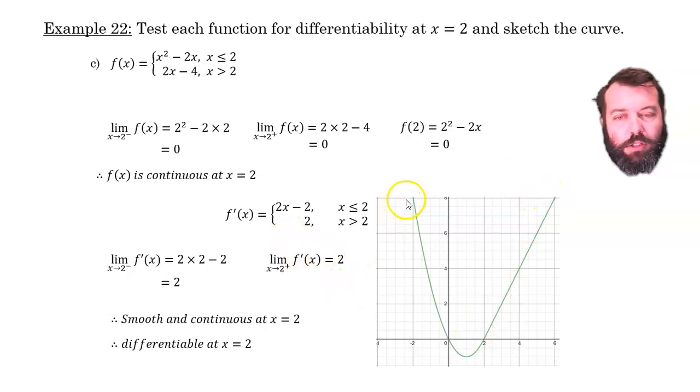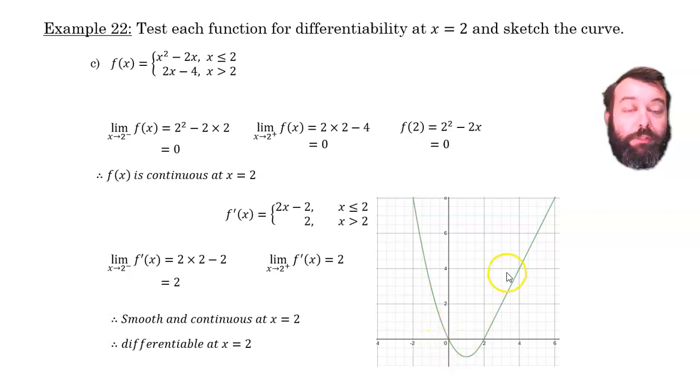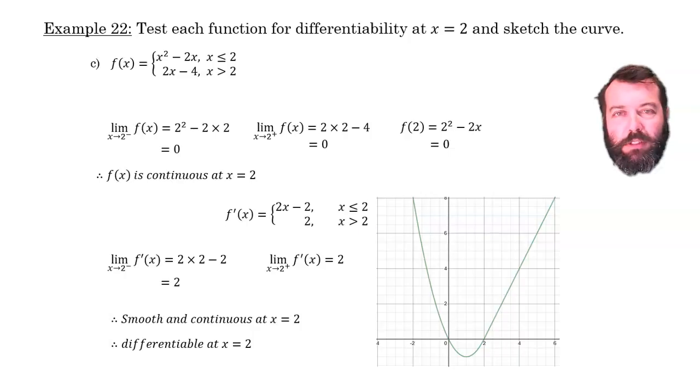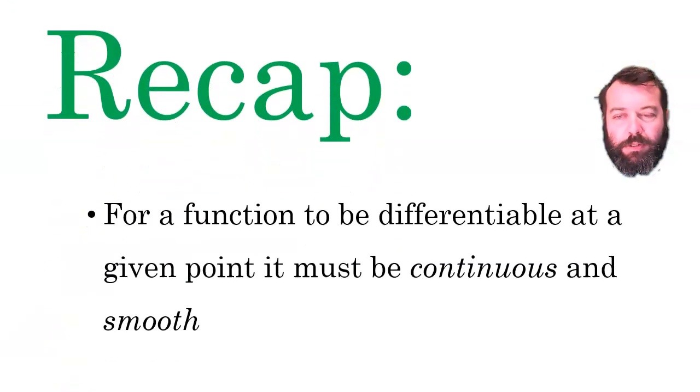So you can see there the graph of a piecewise defined function that is nonetheless smooth and continuous. That's when you need to test for differentiability. There are sort of 5 things that you've got to do, but 2 main things: smooth and continuous.